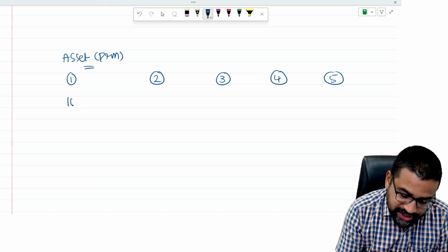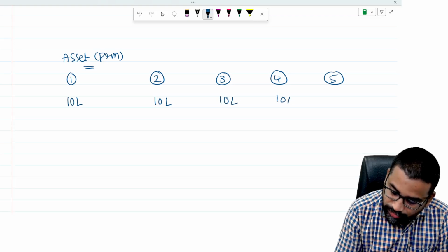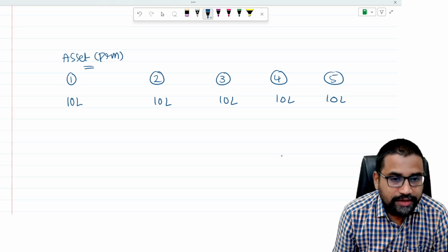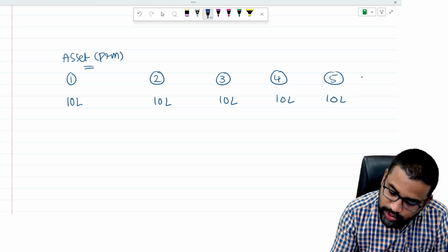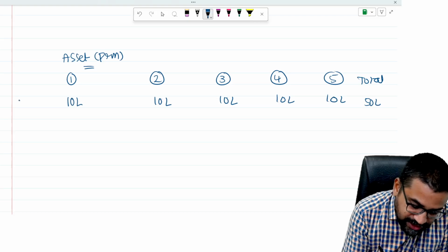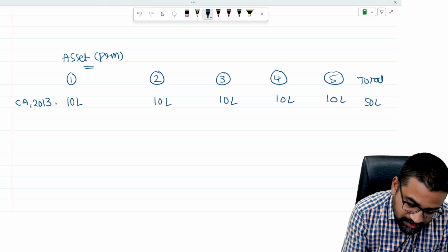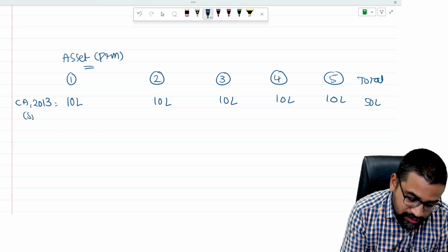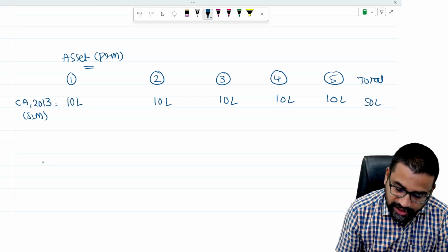Suppose every year depreciation is 10 lakhs. Every year depreciation is how much? 10 lakhs. Now tell me what is the total depreciation? 50 lakhs. Correct? This is as per the Companies Act. That means accounting income. Straight line method we followed, and every year we provide depreciation 10, 10, 10, 10, 10.